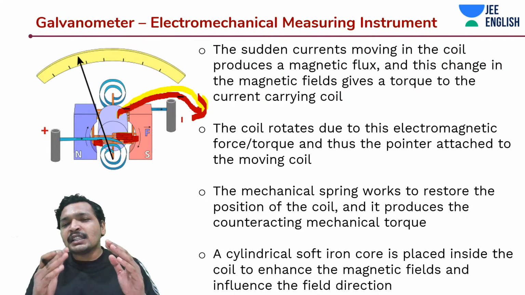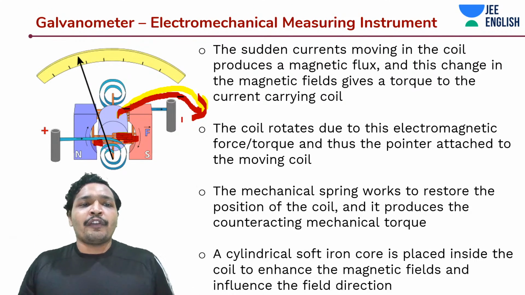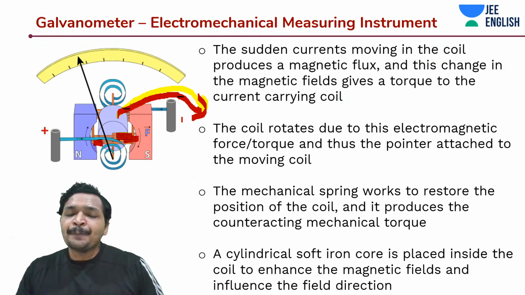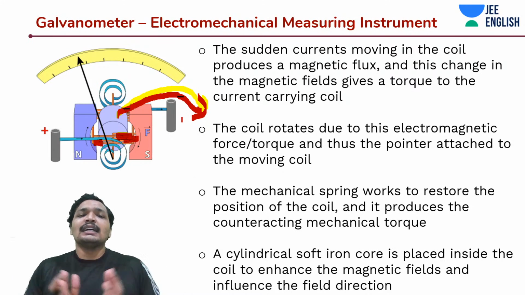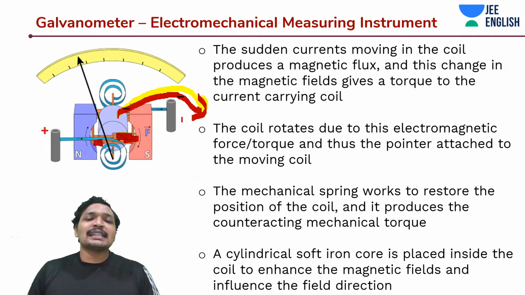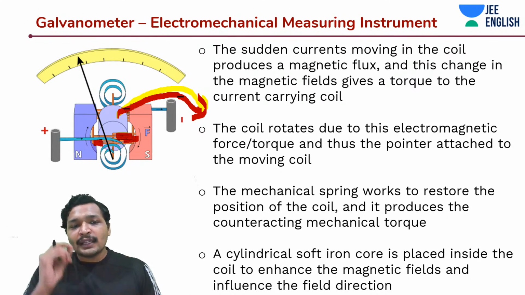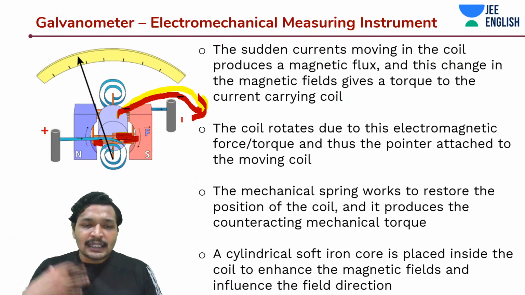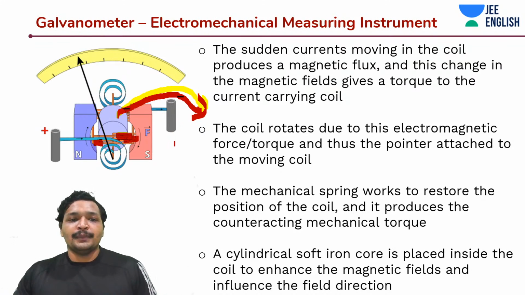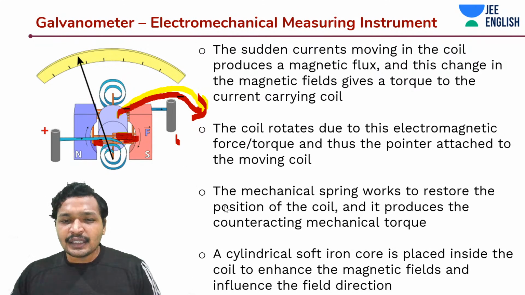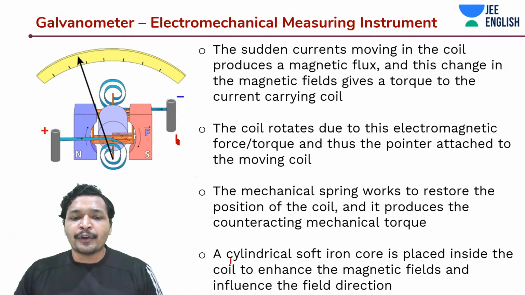So it should be very sensitive, right? The entire objective of a galvanometer is to be very sensitive. Then what would you have to do? You would have to enhance the magnetic fields inside the coils, and also inside that area. This is taken care of by the soft iron core. You need to understand this critically, because it is a very important concept.